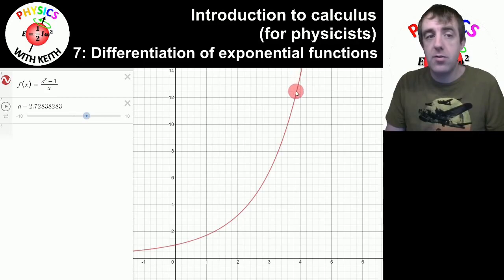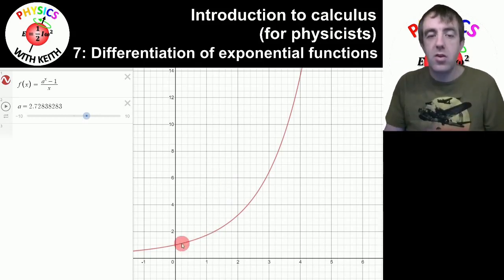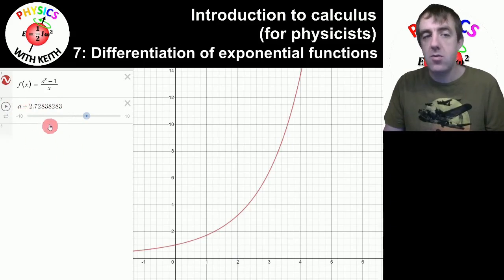Now, if you plot a graph of a to the x minus 1 divided by x, the curve looks a bit like this. And then you can look at what happens when x equals 0 by looking a teeny bit to the right of when x equals 0 and a teeny bit to the left. And as you get closer and closer to 0, you converge towards some number. Now when a equals this special number, which we call e, Euler's number, this function approaches 1 as x approaches 0.